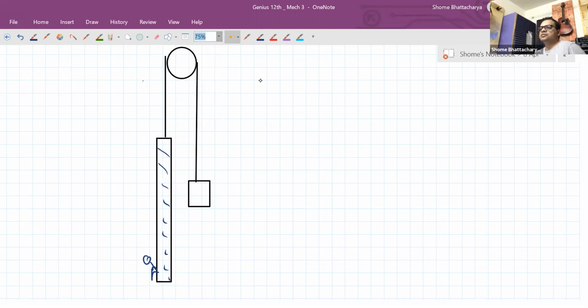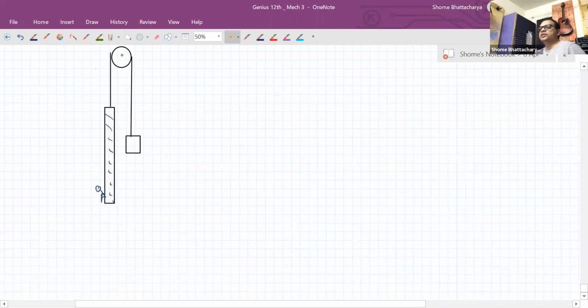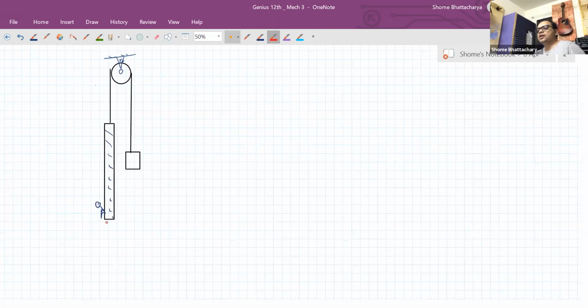So in order to start climbing the ladder, the person has to gain some momentum in the upward direction. So he has to generate that momentum by applying a downward impulse on the ladder.